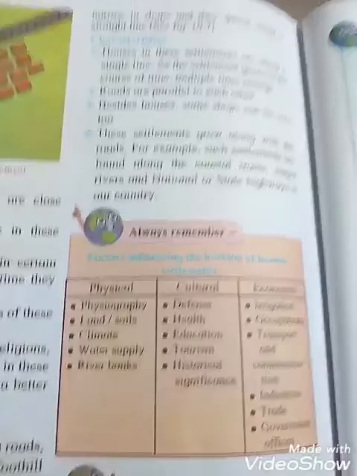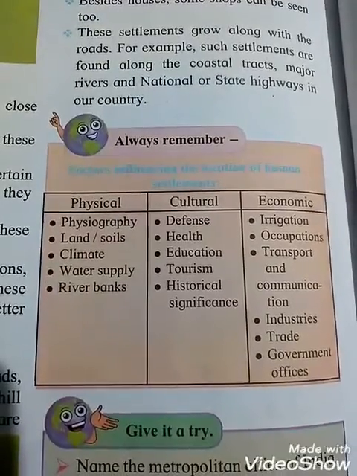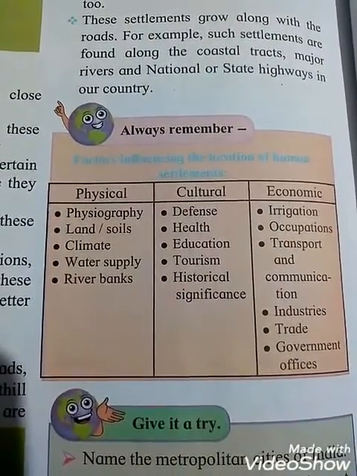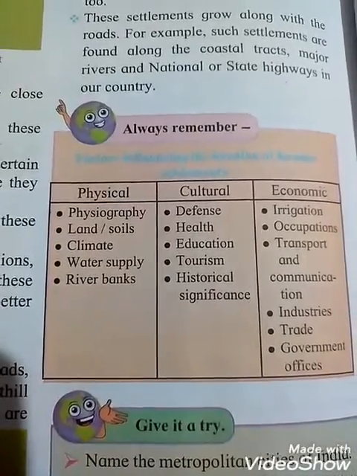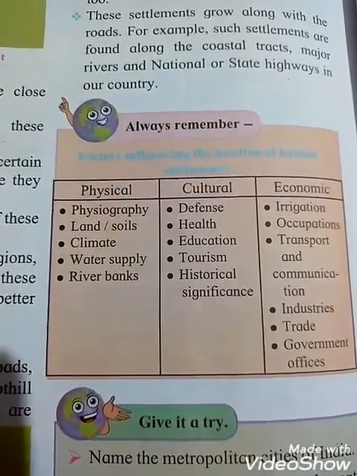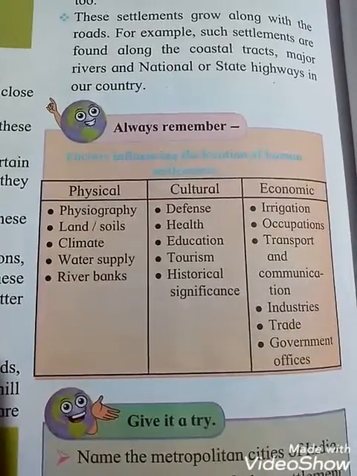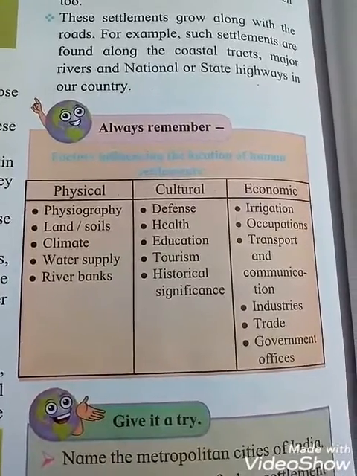Always remember the factors influencing the location of human settlements. See what other factors are there. First one physical, next one is cultural, and third one is economic. Physical: physiography, land, soil, climate, water supply, river bank. Cultural: defense, health, education, tourism, historical significance.